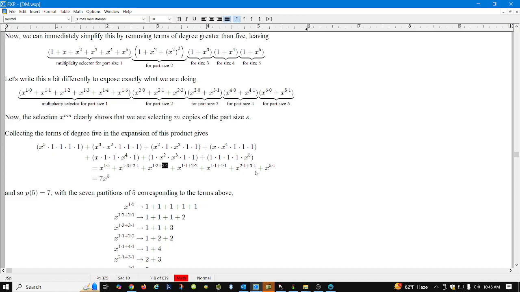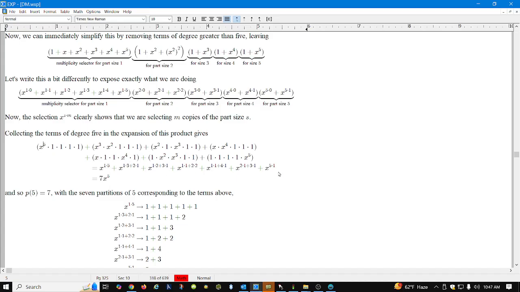I mean, you have to really concentrate on what's going on, which is why I wrote this out. It might even have been clearer, rather than writing x to the 5th here, to have actually written out x to the 1 times 5. But you've got to get used to doing this, and it's tedious, and it's easy to make a mistake.